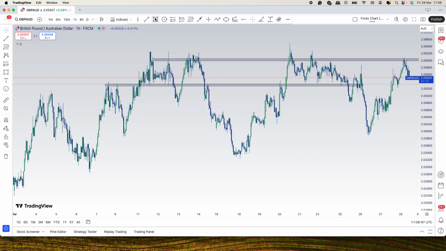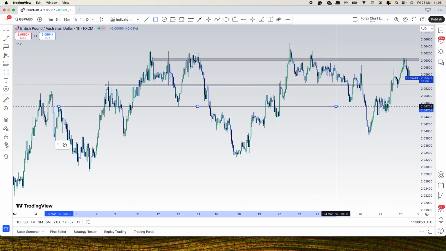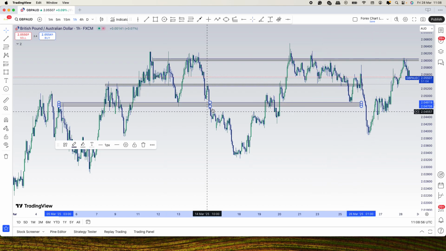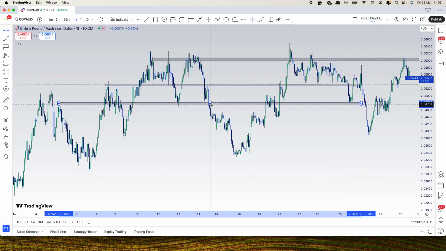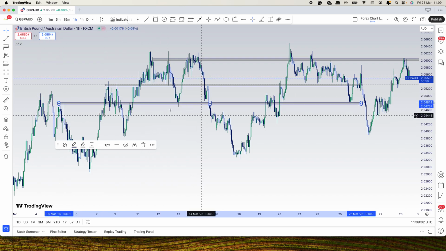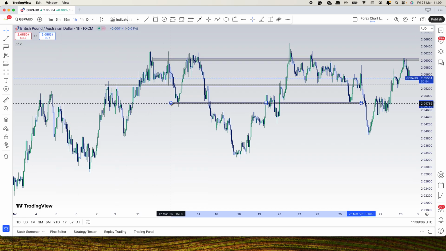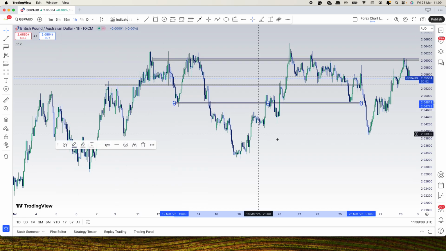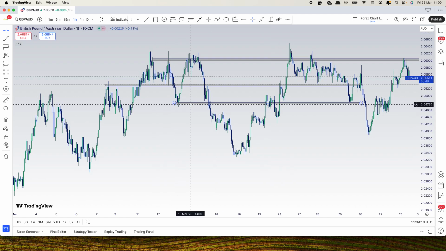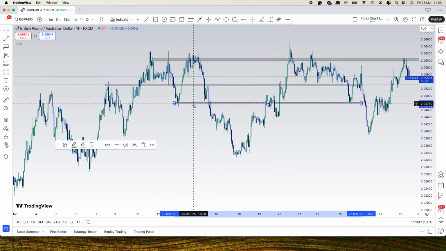We've also then got another level here, and as I say, we're looking for the most touch points. We're looking for where price is rejecting the most, where price cannot close above or below on the higher time frames. So this is on the hourly, and we're looking at this level here. Probably a little bit above.